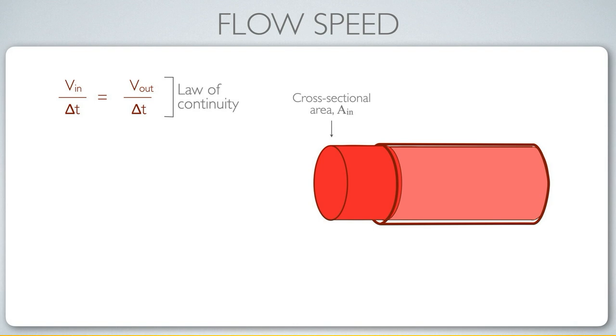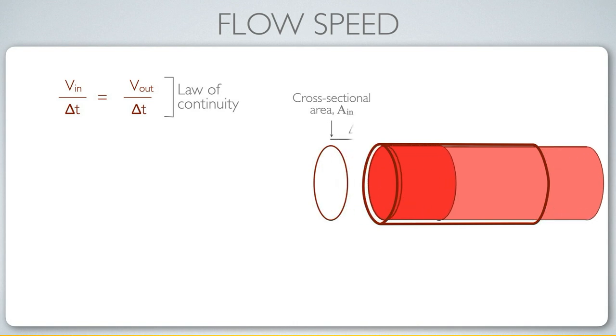And so as we push this volume into the system, it moves through a change in x, a delta x. So the input volume we can restate as the cross-sectional area times that change in x. And if we plug that relationship into our equation for the law of continuity, we end up with the product of the input cross-sectional area times delta x over delta t.